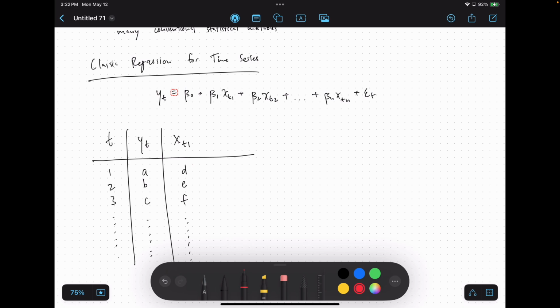But you may have things where the previous time period has some kind of effect on the next time period. So D may have some influence on E. But then you may have this kind of circular thing happening, where your y's may actually be related to your x's, such that x's in the present may be influenced by your y's in the past.